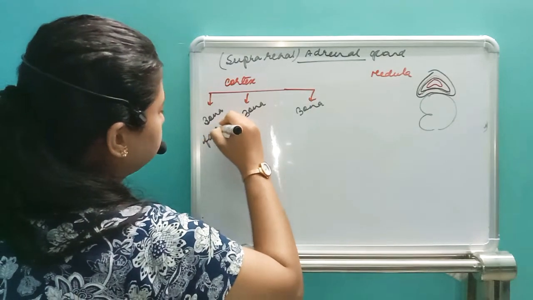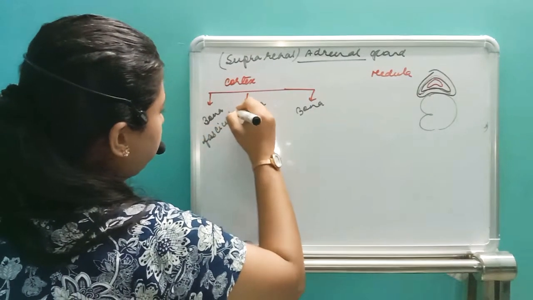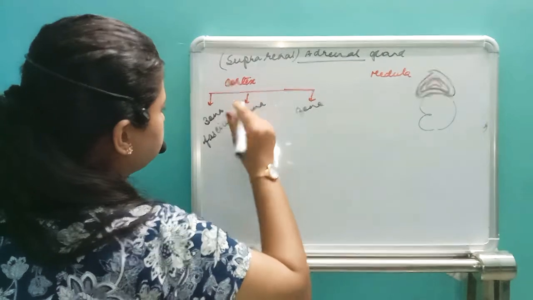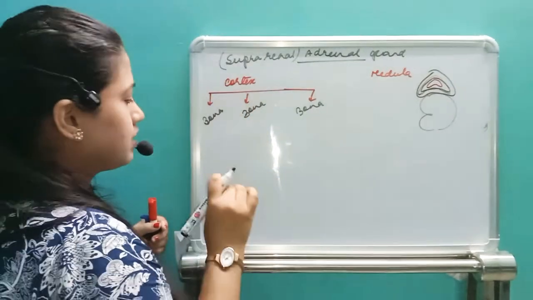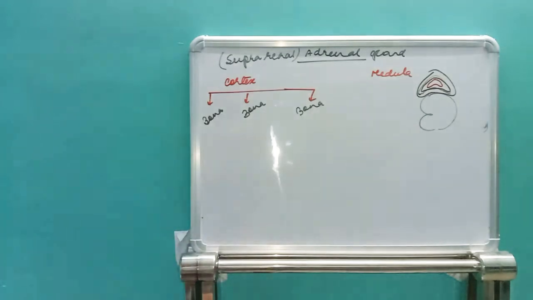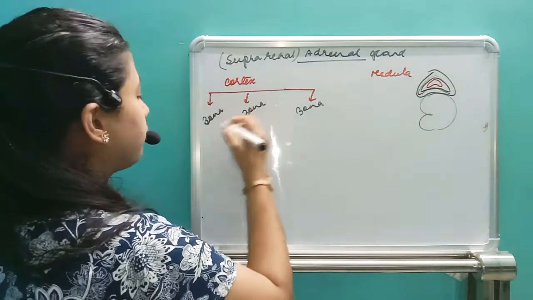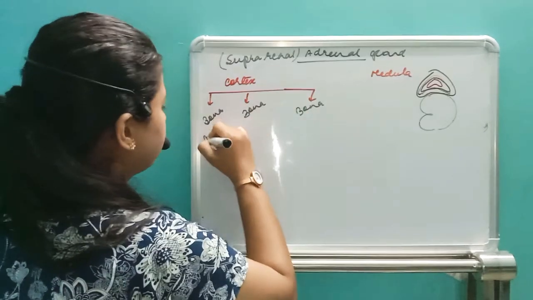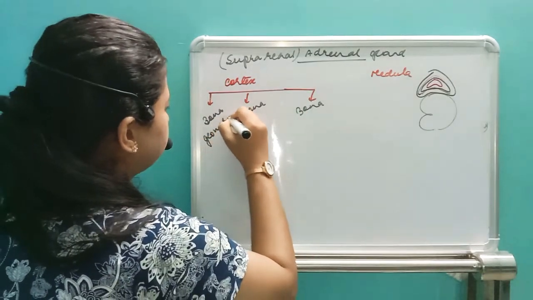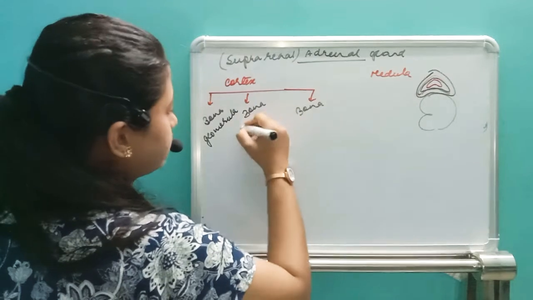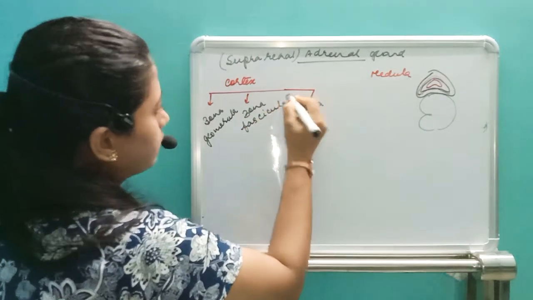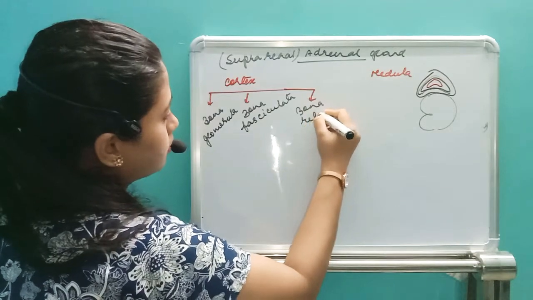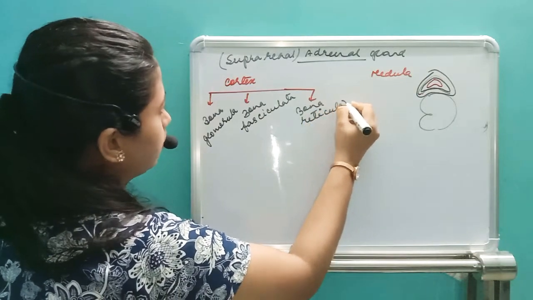From outside to inside we will see: zona glomerulosa, then the middle layer is called the zona fasciculata, and the innermost layer is called the zona reticularis.